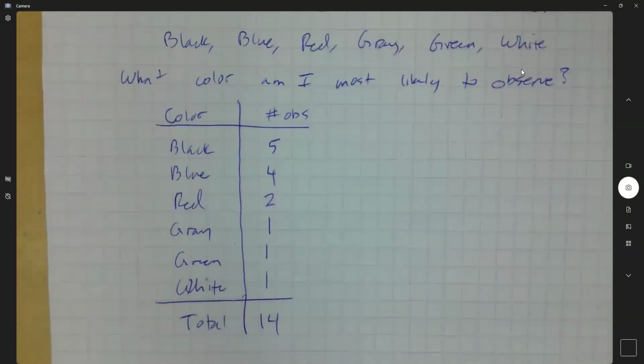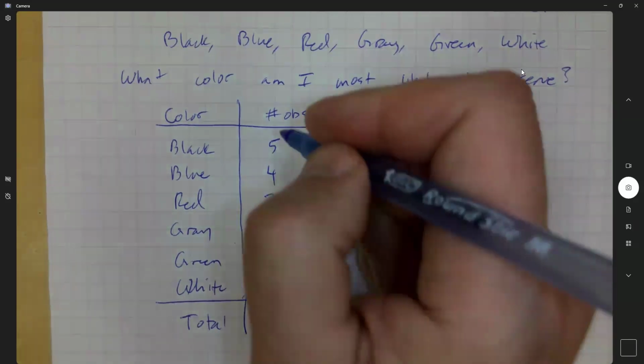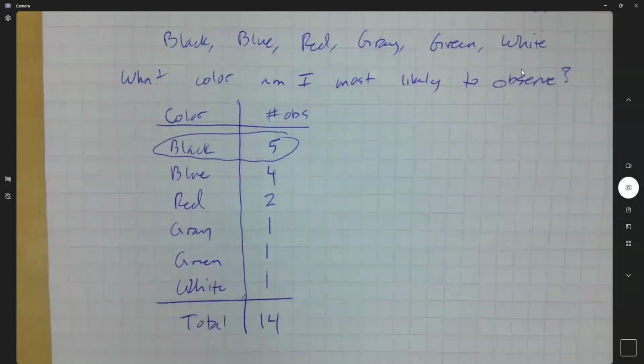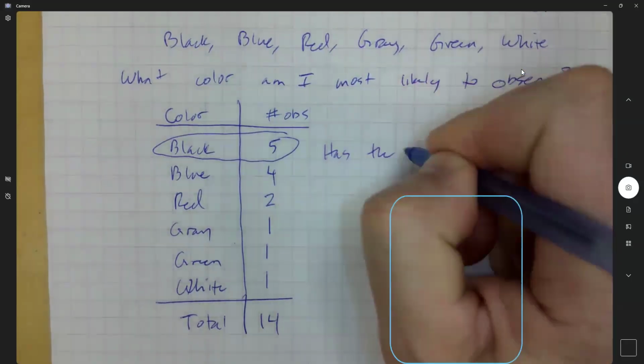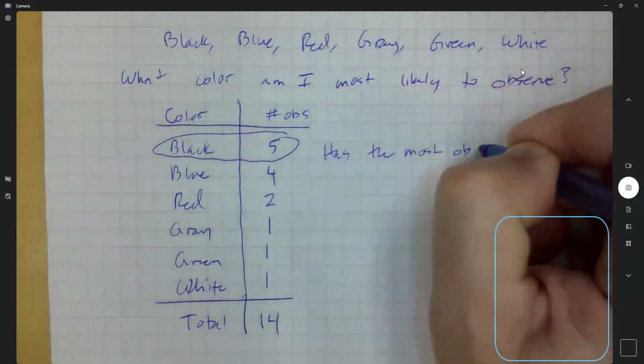So if you walked into this room, close your eyes, and swung your finger around until you pointed at someone, what color do you think you'd be most likely to observe? And why do you say black? Because it has the most observations, right? So black is the color that you're most likely to observe simply because it has the most observations.